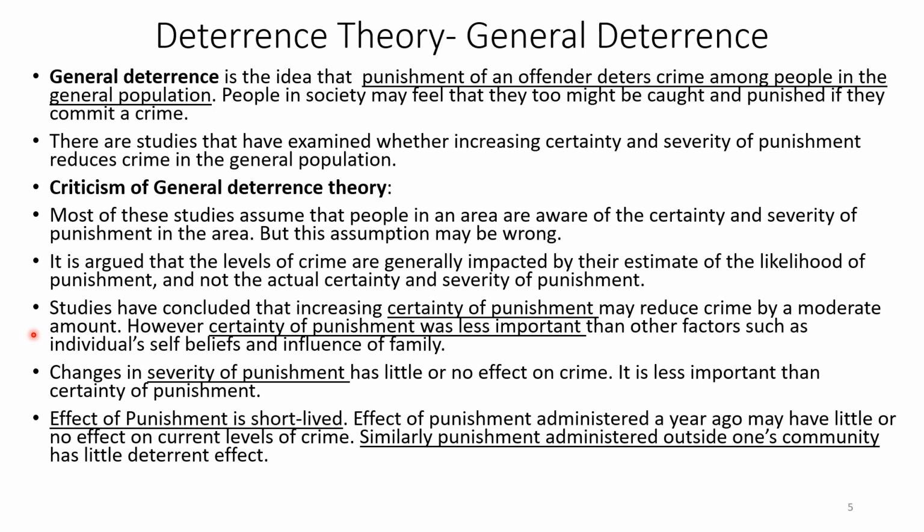Studies have shown that increasing the certainty of punishment has a moderate impact in reducing crime levels in a community. However, it is less important than other factors such as individual personal beliefs regarding the need for lawful behavior and the control exercised by family and near community.